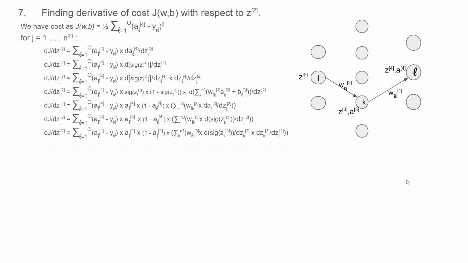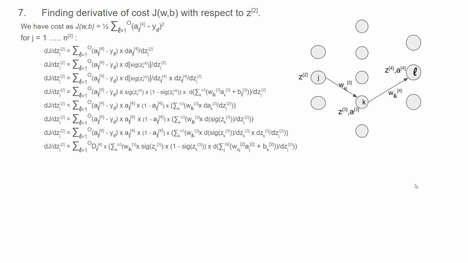By the sigmoid property, this will become sigmoid of z_k3 into 1 minus sigmoid of z_k3, and this term we have substituted with d_L4. Now the summation is over k, over all these elements.